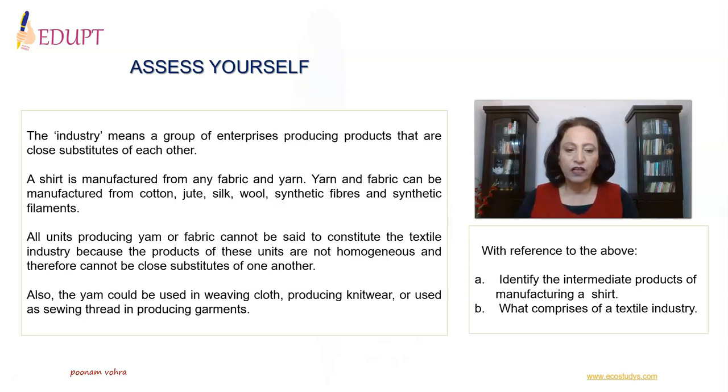Also, the yarn could be used in weaving cloth, producing knitwear, or used as sewing thread in producing garments. The questions are: A. Identify the intermediate products of manufacturing a shirt. And B. What comprises of a textile industry?